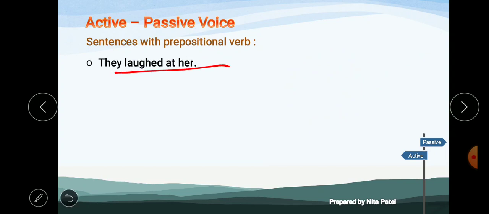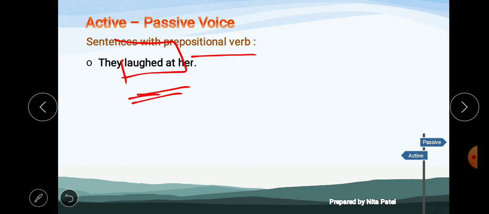They laughed at her. Now look at this. They laughed at. Okay, so laughed at is the prepositional verb here. So we'll have to convert this laugh. It is already in the V3 form. V2, V3 are the same, so we don't have to convert it. Anyways, let's see.